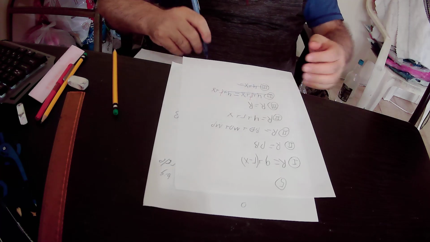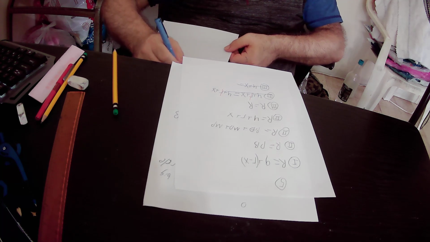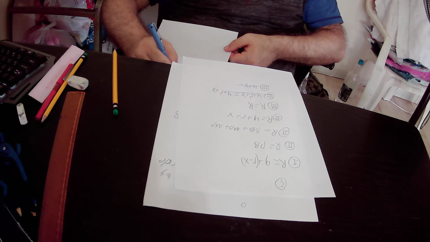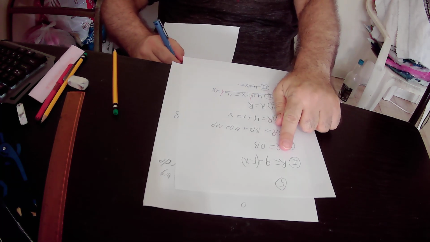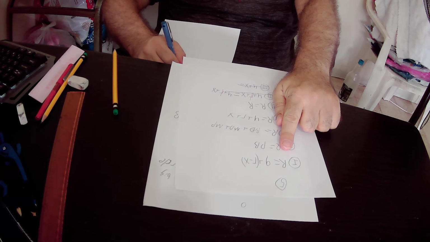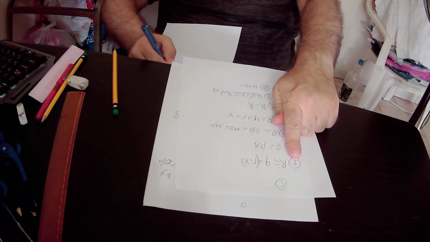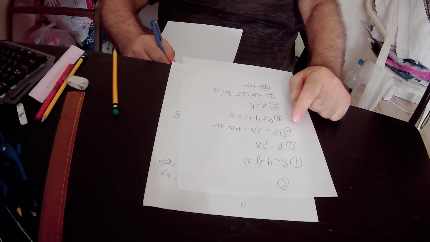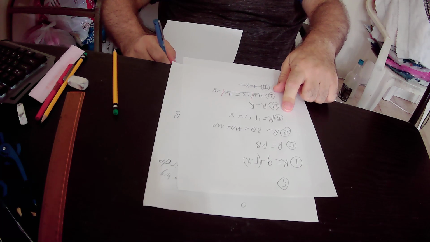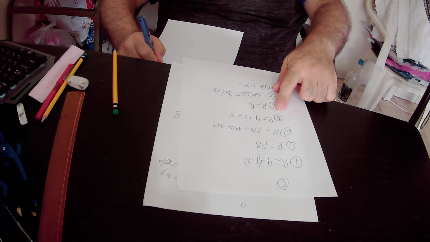R equals R, that is to say, capital R according to our first equation equals 9 plus r minus x. That is the value of capital R according to our first equation, and it equals capital R as we calculated it in our second equation, that is to say it equals 4 plus r plus x.